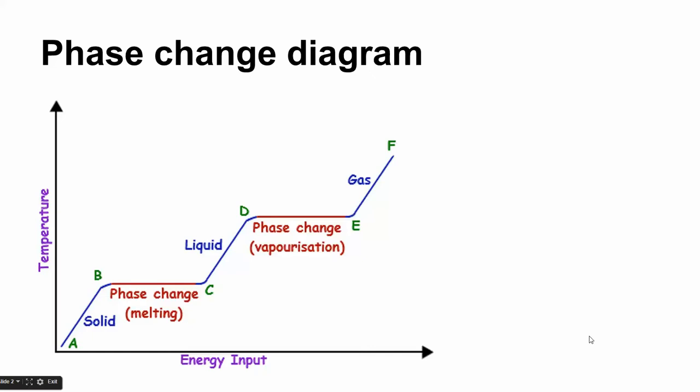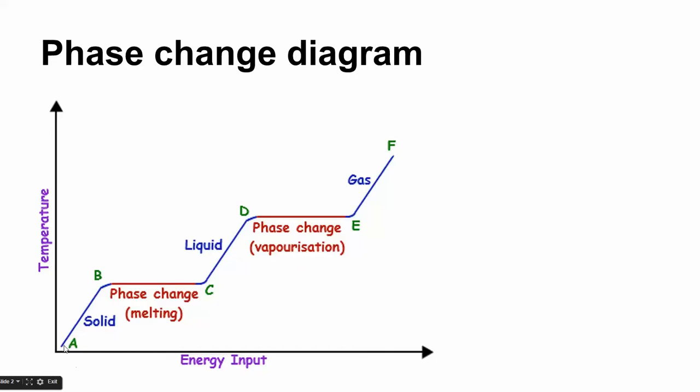Now, this right here is a phase change diagram, and I'm going to use this picture periodically throughout the chapter. If you take a look at this, you'll see that they're comparing temperature and the energy that you're putting into the substance. This is what's going to happen to the substance as you put energy in and as the temperature changes.